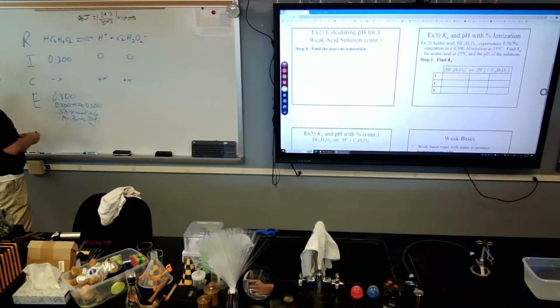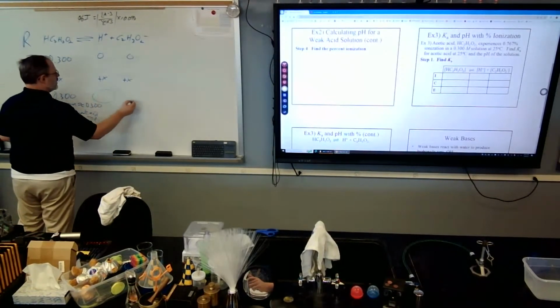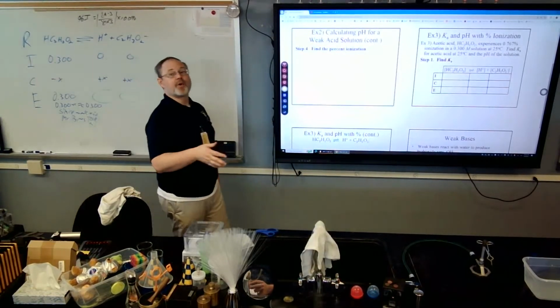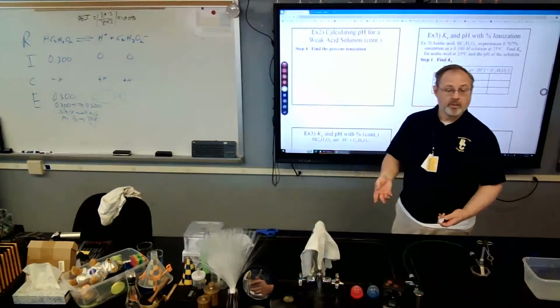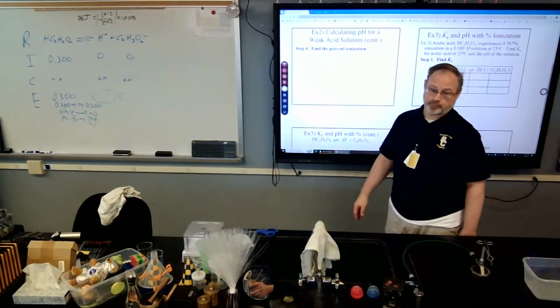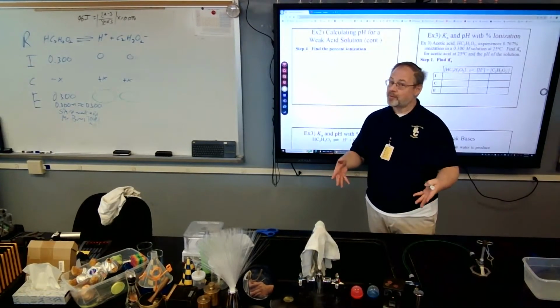What we don't have is this, because normally we get those x values from the Ka. But in this case, we're going to find the Ka based on those values. Where do those values come from?